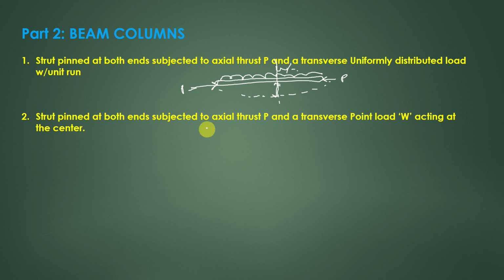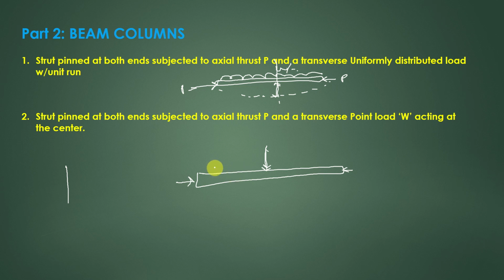The second case is a strut pinned at both ends and subjected to axial thrust P and a transverse point load acting at the center. These two cases we consider in beam columns. A column is subjected to compressive stress, and a beam is subjected to transverse load. If you consider both of them, that becomes a beam column.